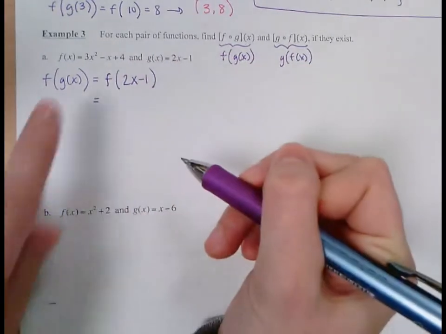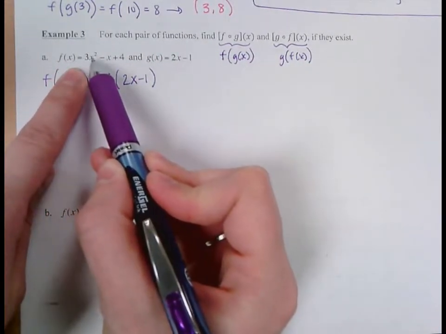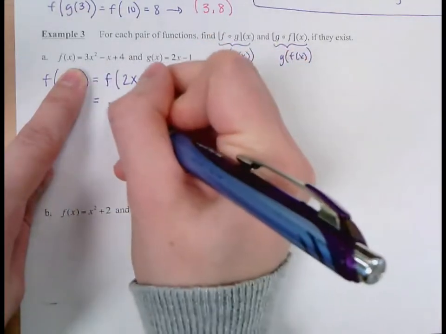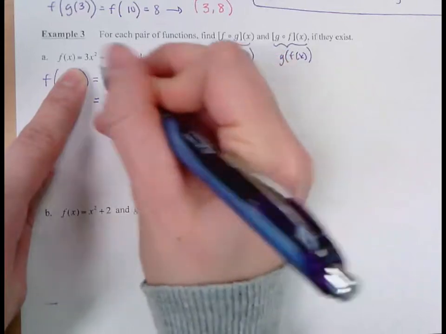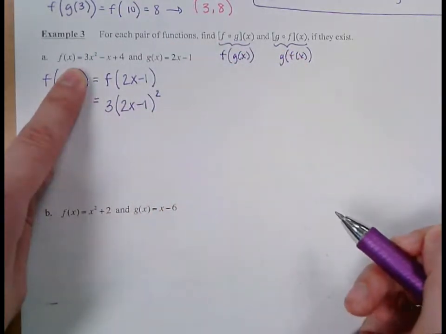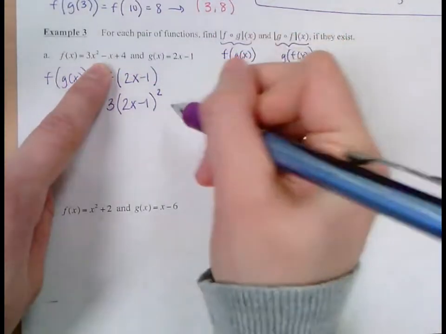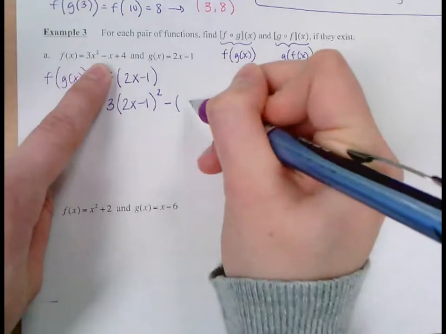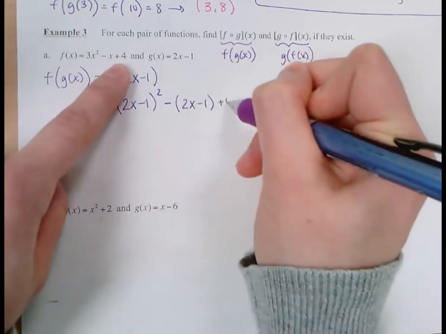So here's my function f. I have 3x squared. So rather than writing x, I'm going to write 3 times the quantity in parentheses, replacing the x with 2x minus 1, squared. Then I have minus x, and again I have to replace that x. So I have minus, in place of the x, the quantity 2x minus 1, and then I have the plus 4.